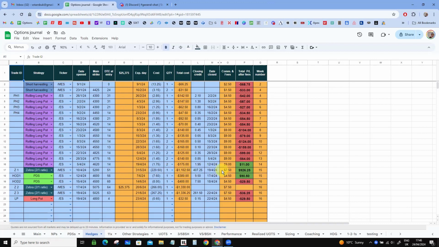So when I closed that one for the stop out, I also closed this one to lock in some profits. That made the loss much more bearable, and that's something you can do. I still have this one going on, right here. I had one more, but I closed it for a little bit of a loss on the market rally this week to make sure I don't have too many of them, because I don't want to be losing money on the way up, or at least not too much.